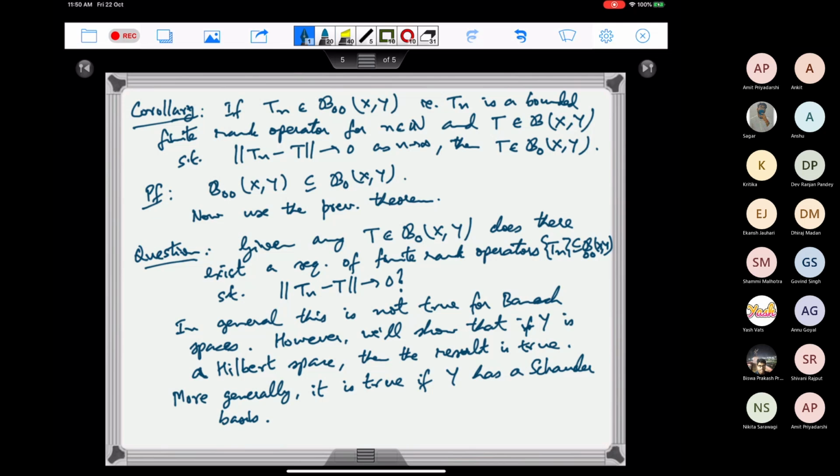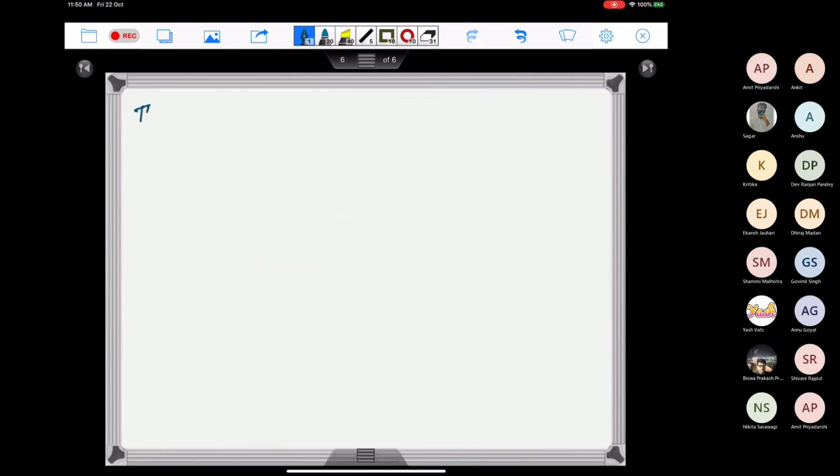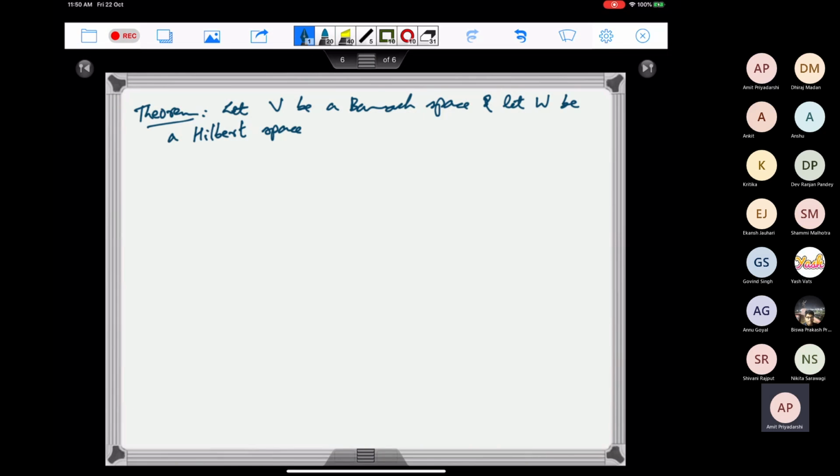Okay, so let me write the result. Let me use V and W. Let V be a Banach space and let W be a Hilbert space, and let T be a compact operator, so T is in B0(V,W).